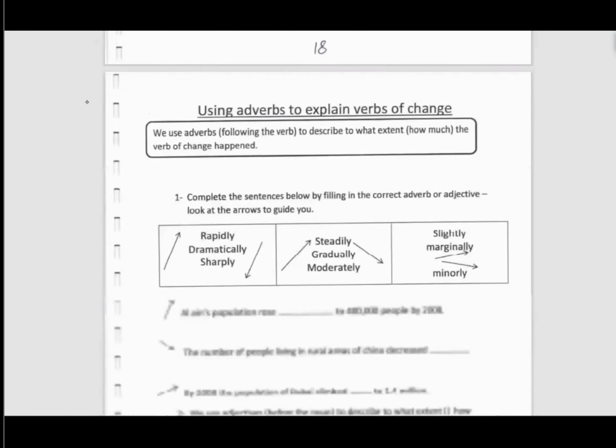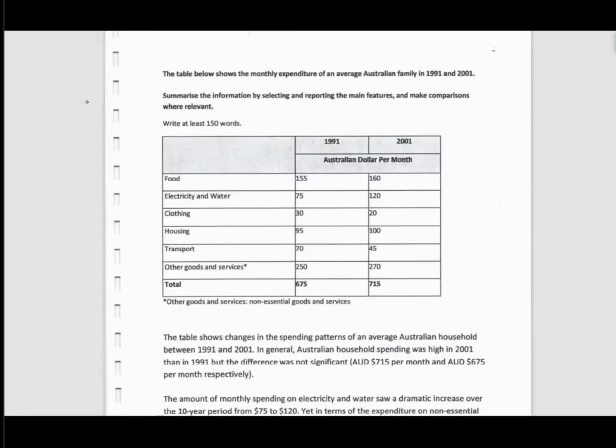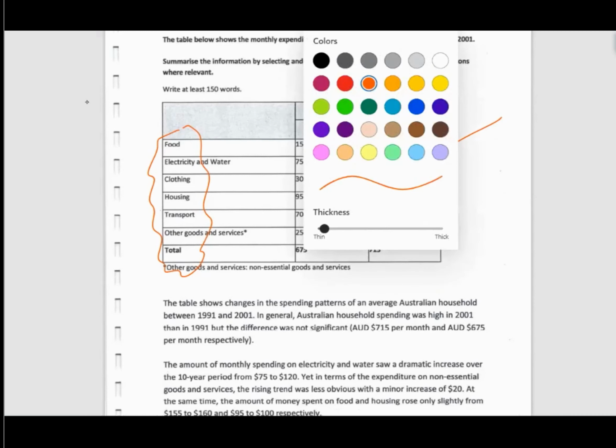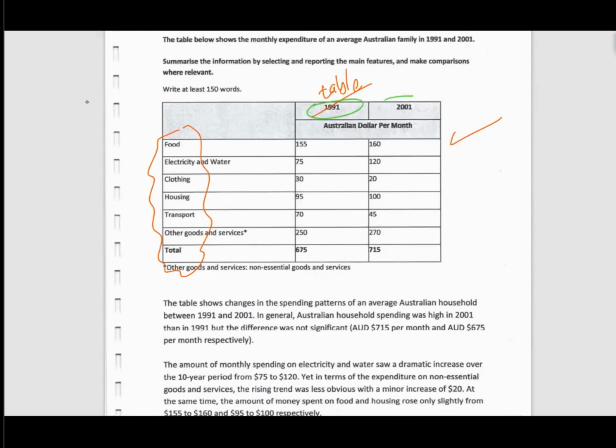It can be also a table, like this one, that includes data or elements about something. And usually the table has some years, periods of time.